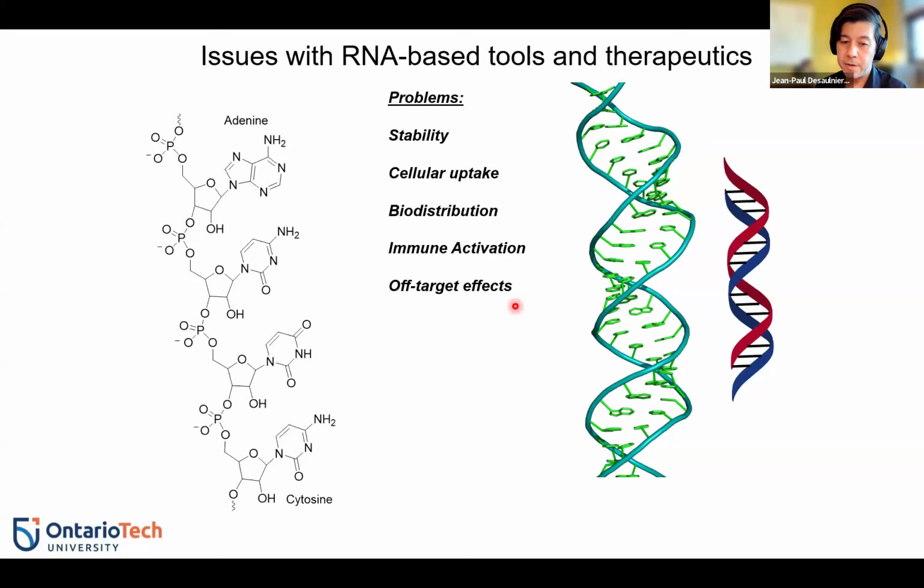Or you could have the passenger strand actually being taken up as the guide strand, and then this can also induce off-target effects. So you can have these kind of microRNA-like off-target effects, and this can cause some serious issues as well. So specificity, cell membrane permeability, et cetera, are the hallmark issues with RNA-based tools and therapeutics.